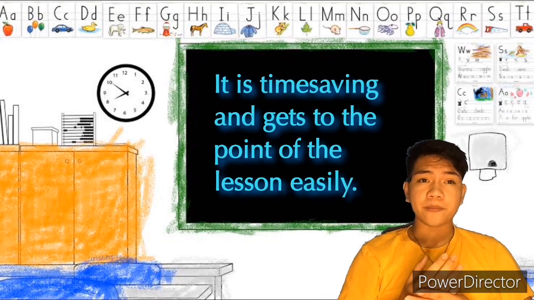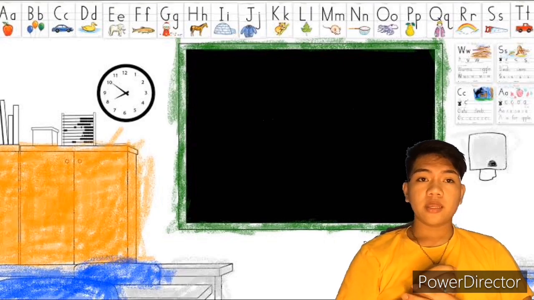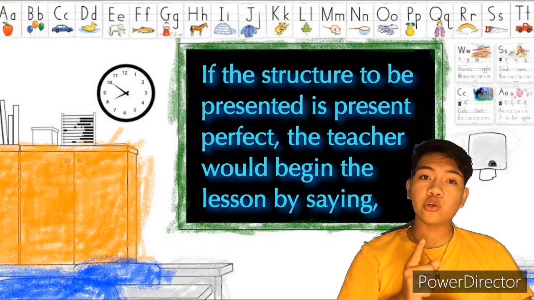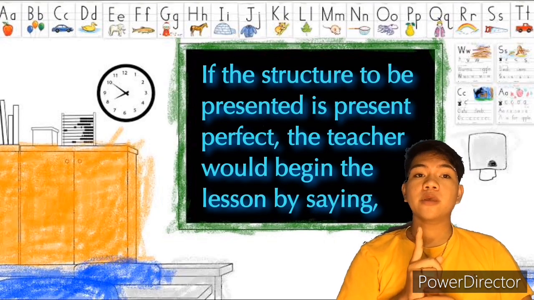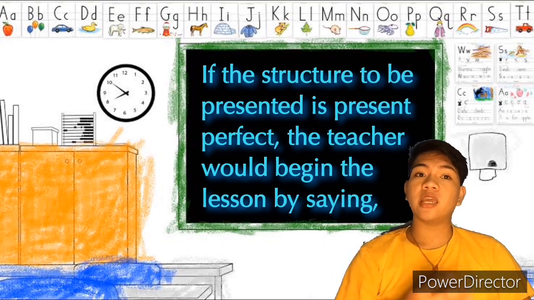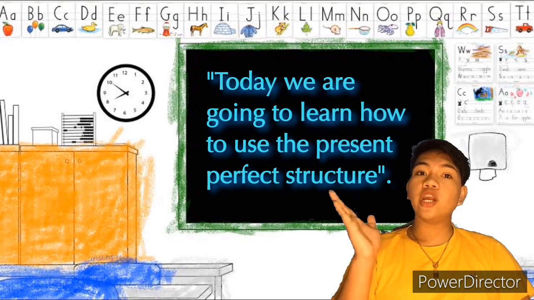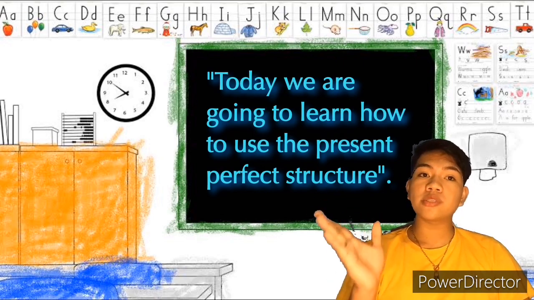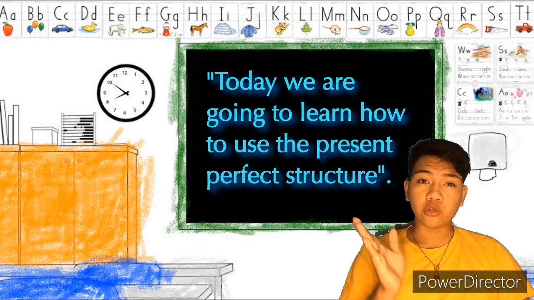For example, if the structure to be presented is the present perfect, the teacher would begin the lesson by saying, "Today, we are going to learn how to use the present perfect structure."